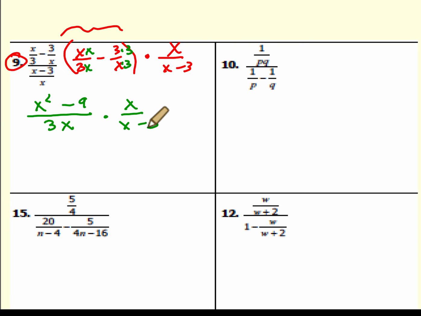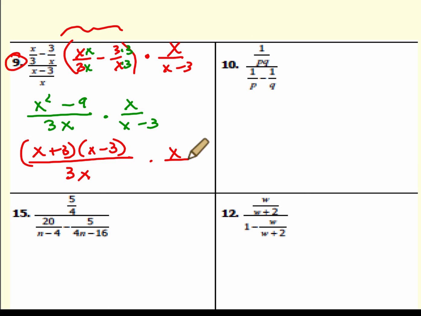Now I can factor x squared minus 9. That's going to give me x plus 3 times x minus 3, because it's difference of squares, over 3x times x over x minus 3.